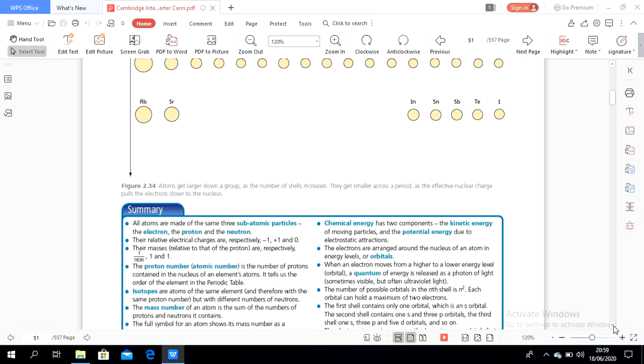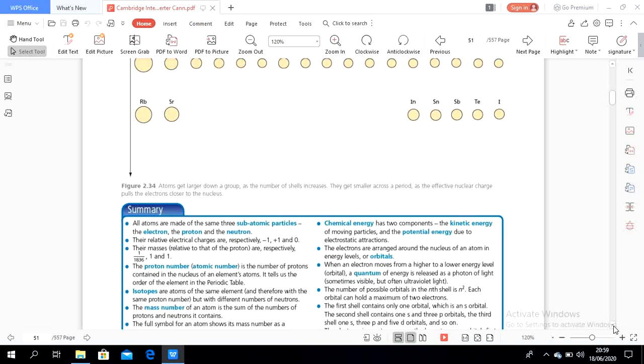Okay, so this is the end of chapter 2. To summarize, the ionization energy decreases down the group and increases across the period. I stated the reason earlier, with the exception of group 2 and group 3.